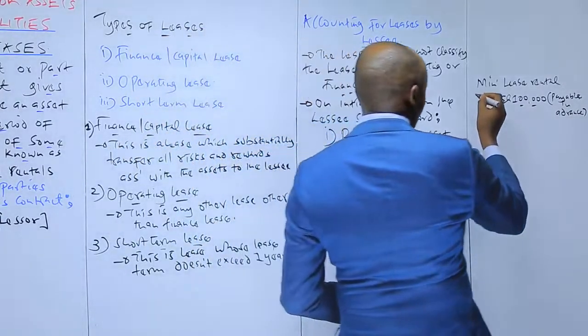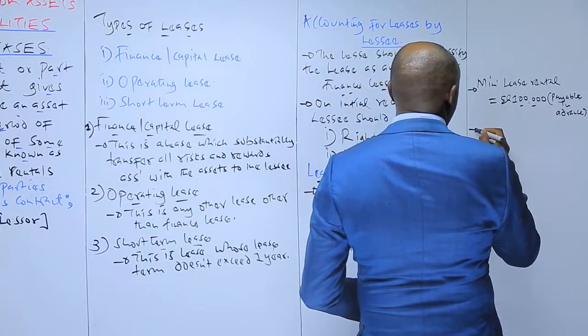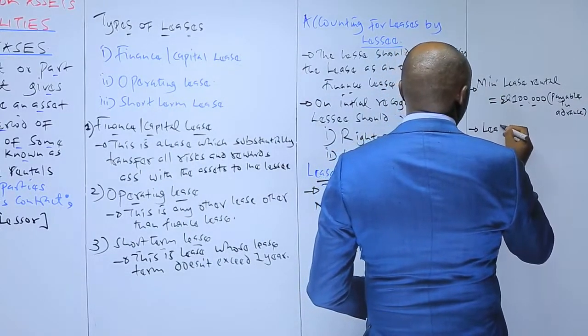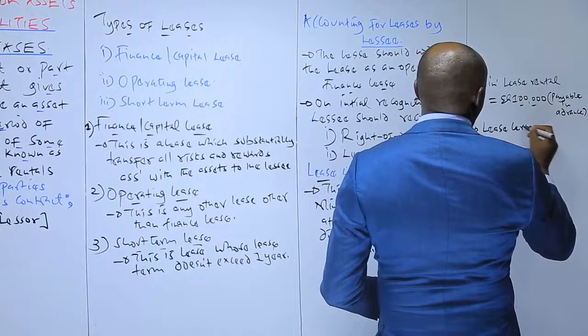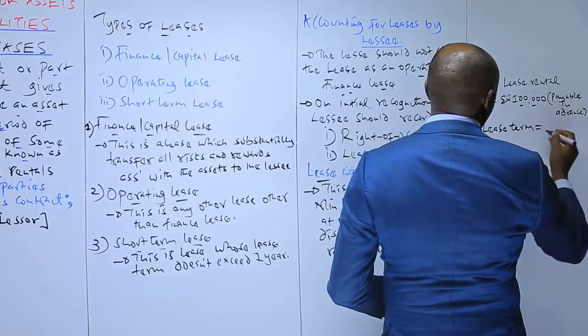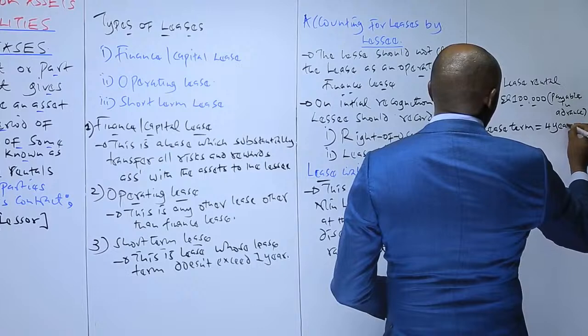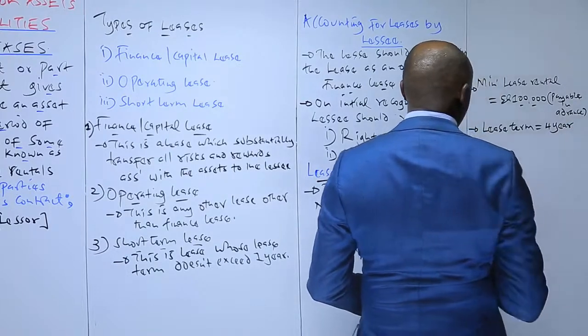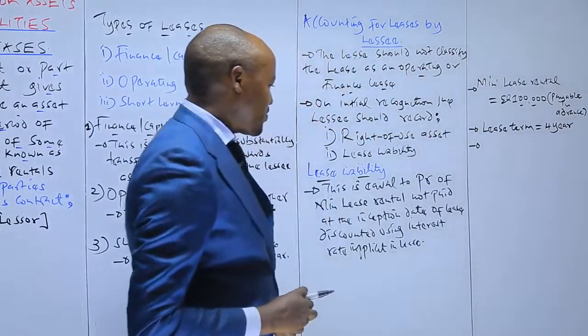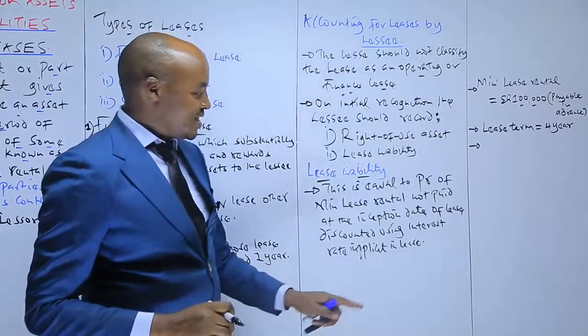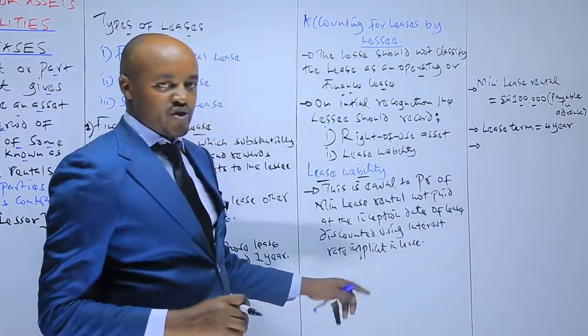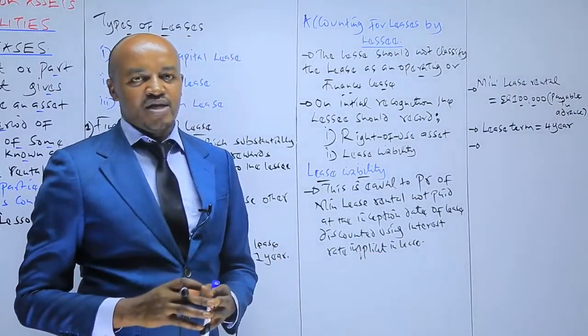At the start of each year. Also, we are told the lease term. When we talk about the lease term, we are talking of the period of the lease. The lease term maybe is 4 years. Also, the examiner will have given you the interest rate implicit in the lease.